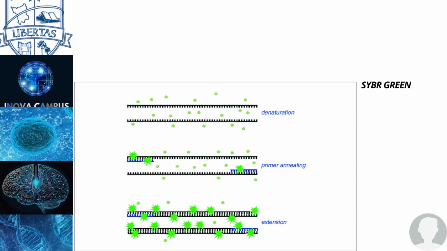So, cyber green is a free floating fluorescent dye that binds to double stranded DNA, increasing its fluorescence according to the presence of the targeted gene that will bond with the dye. As you can see right there, we're gonna do the natural PCR process, denaturation.